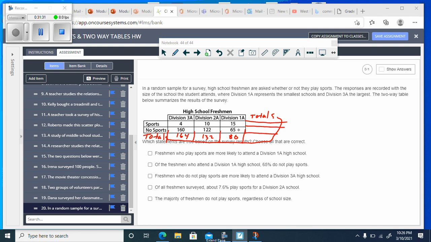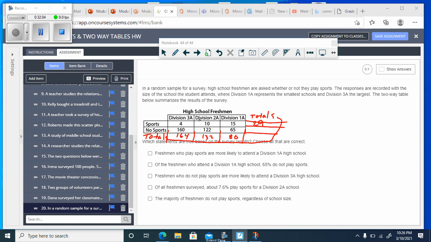Okay. Now, freshmen who play sports are more likely to attend Division 1A high schools. Out of all the freshmen who play sports, we have a total of numbers who play sports. So let's add it across. 4, 10, and 15. That's 14 and 15. It's 29. Okay, here are the ones that don't play sports.